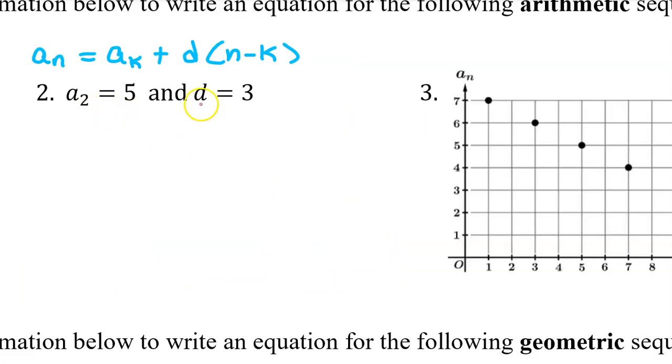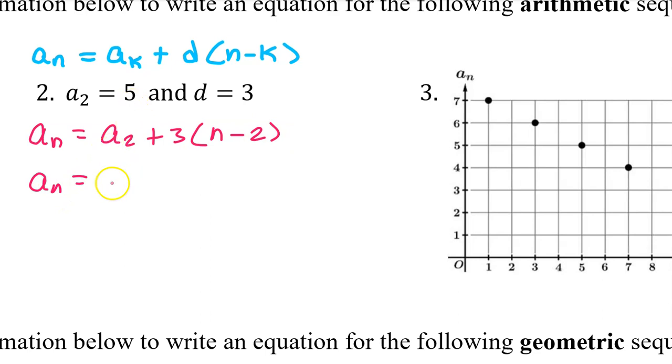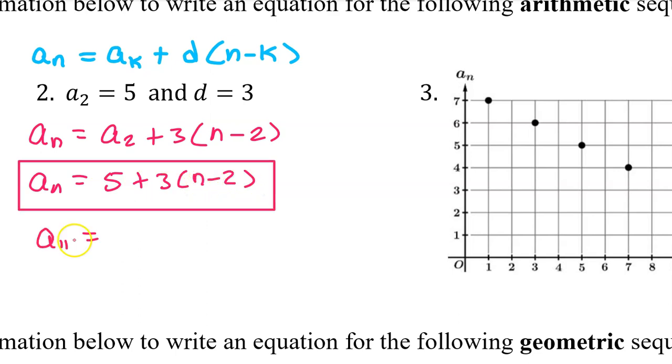For number 2, they gave us that the common difference is 3. So I can go straight to the rule, which is an equals, for ak, I'm going to use a2, and then the d is 3. So then n minus k becomes n minus 2. So an is equal to a2, which is 5, plus 3 times n minus 2.